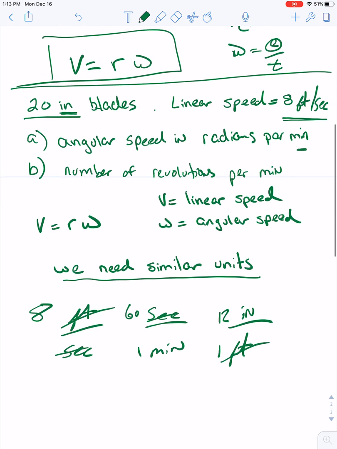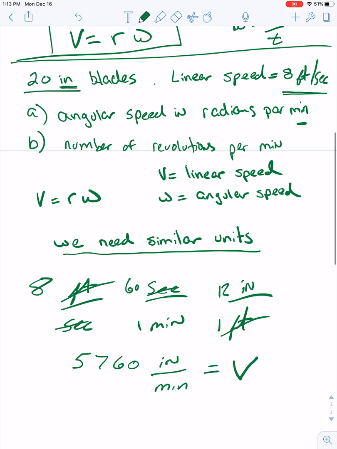So we're left with 60 times 8 times 12, which is 5,760 inches per minute. Now this is equal to our linear speed.